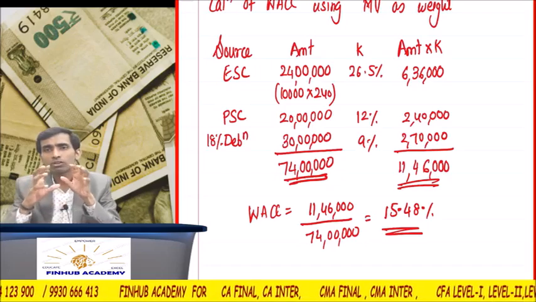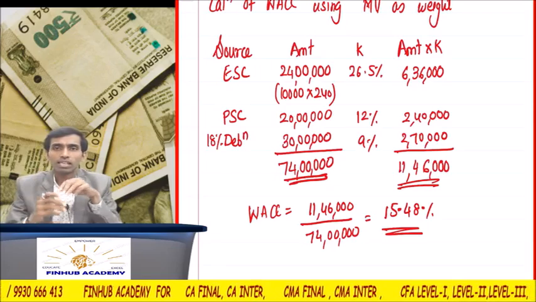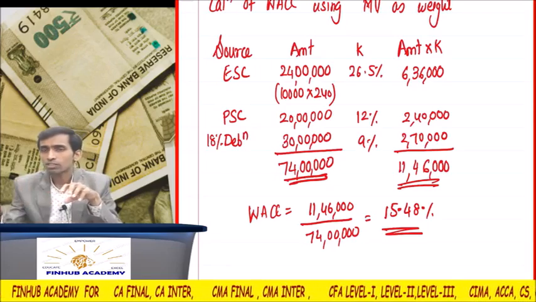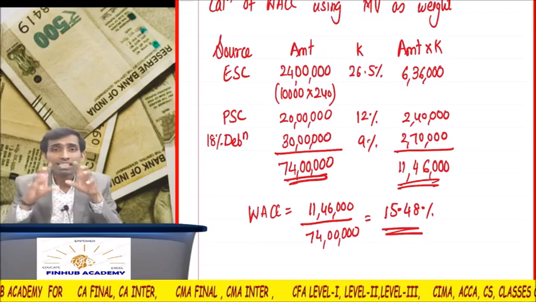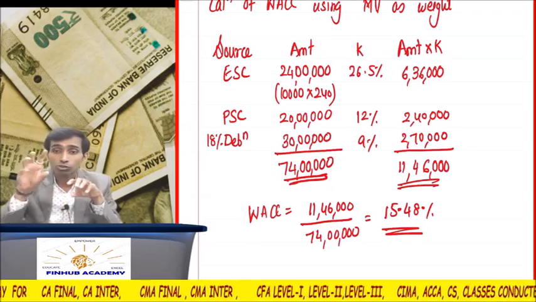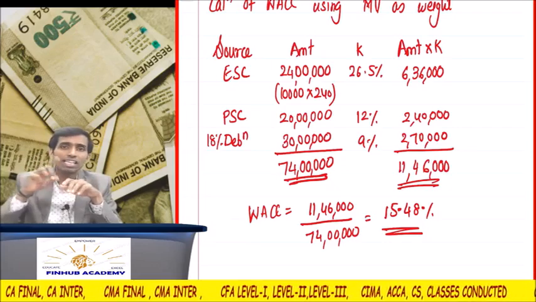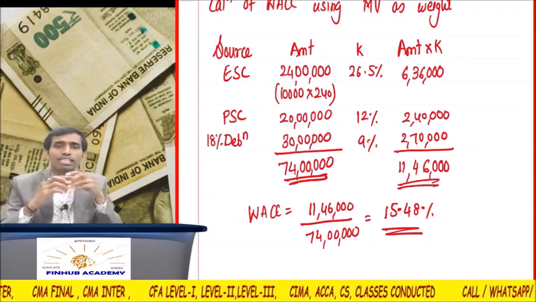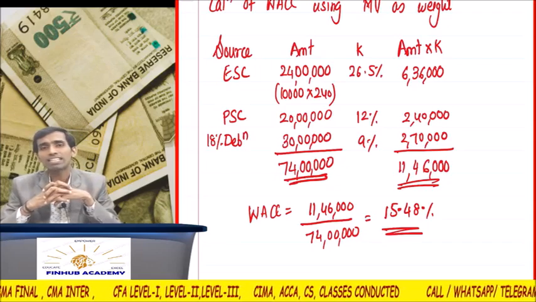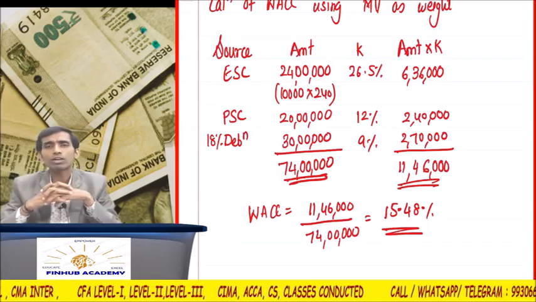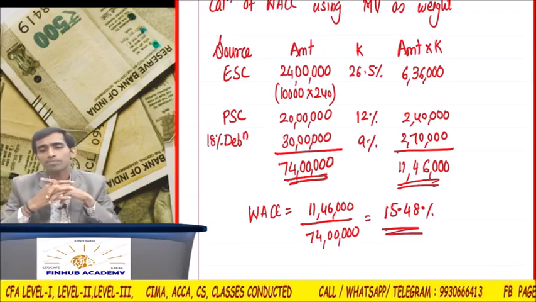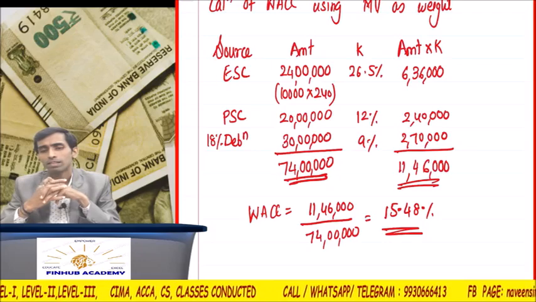There is a particular mix in this: equity proportion should be this much, preference this much, debenture this much. A company might have some target for the proportion of equity. That is called target weights, what the company has to maintain. Remember, target weights are generally not given, but in practical life you will get them.